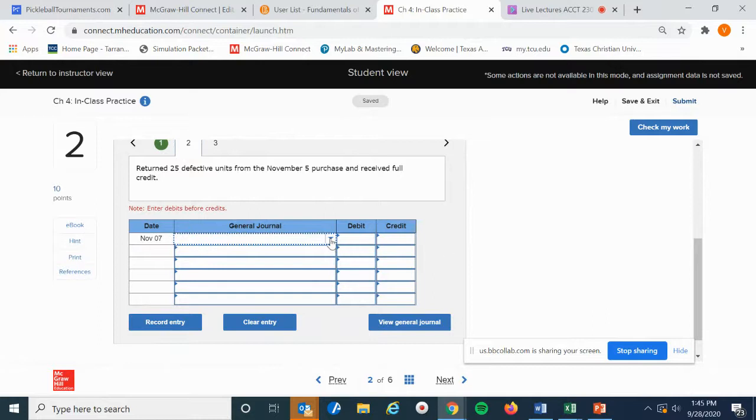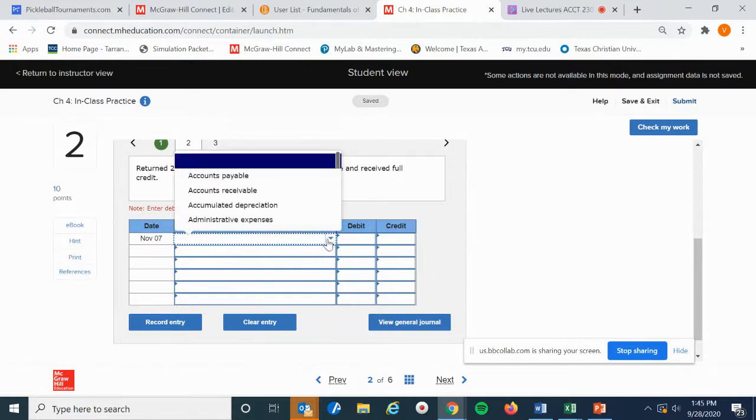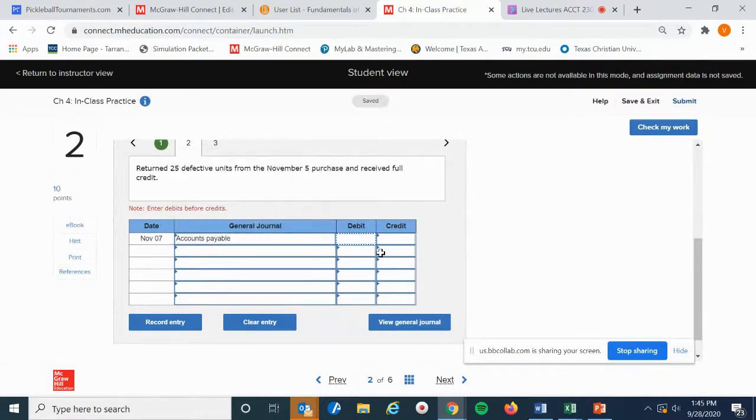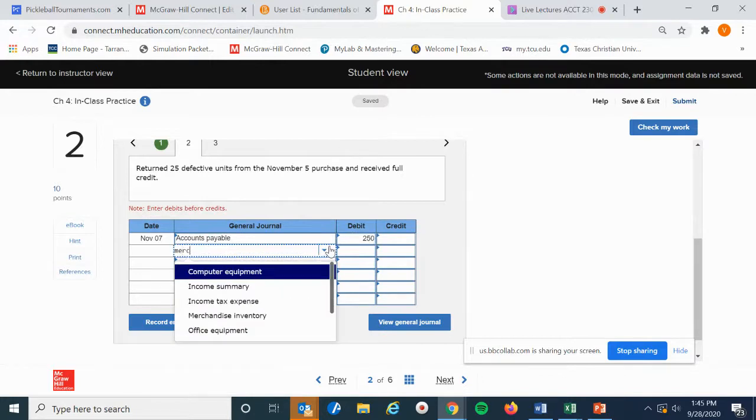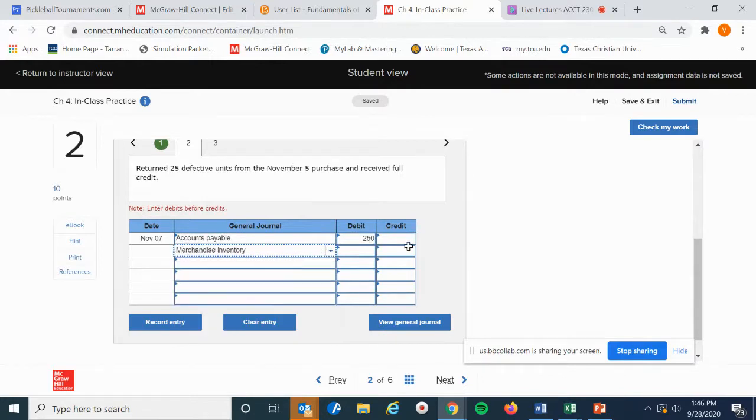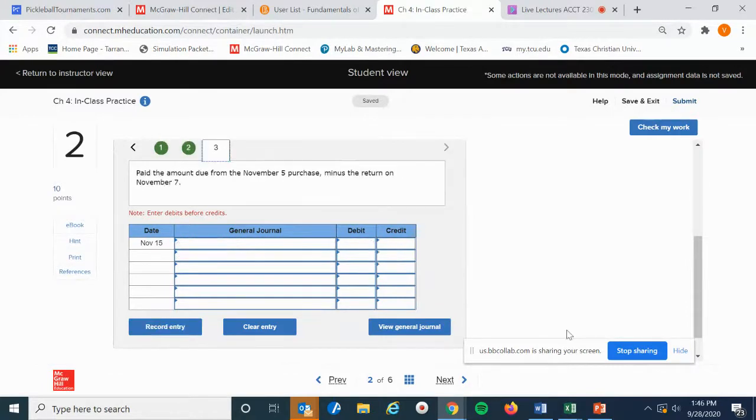So on November 7th, if I'm having a physical return, I'm going to debit accounts payable $250, and I'm going to credit merchandise inventory because this is a physical return and the merchandise inventory has now left our possession. It's no longer ours. So this is a purchase return.